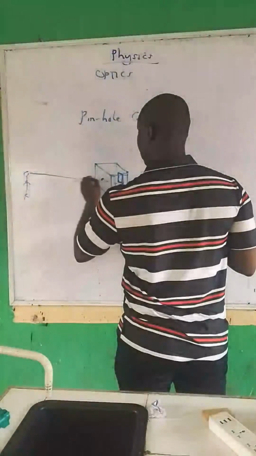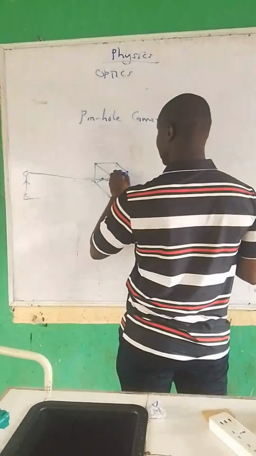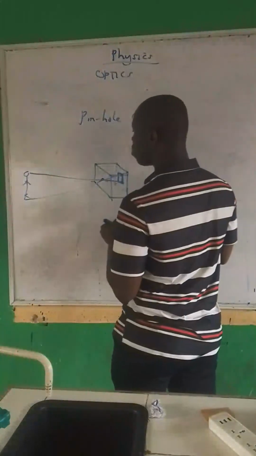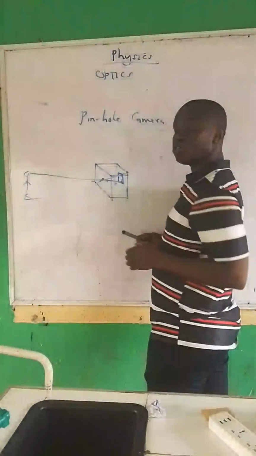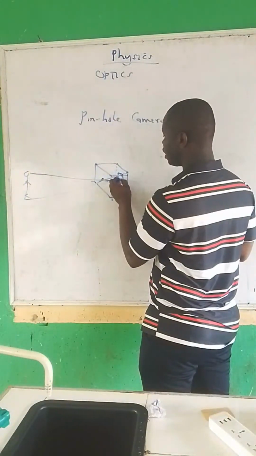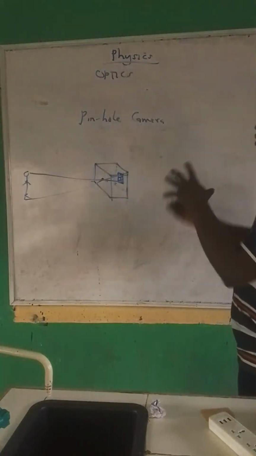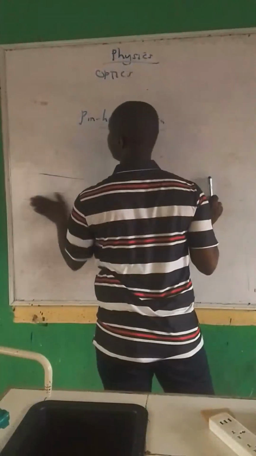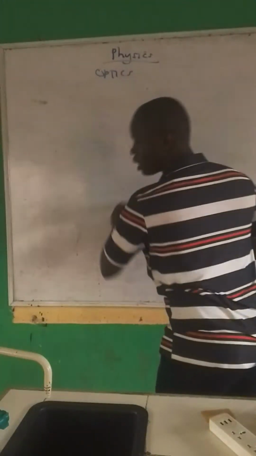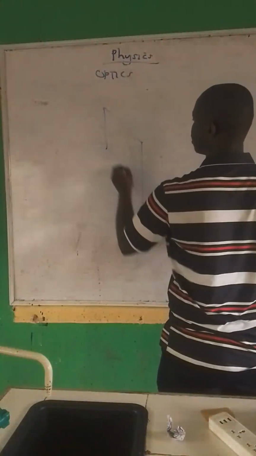The image of the object is going to be formed on this photographic film in an inverted form. Let me make it bigger so that you see what is going on. This is how it is.